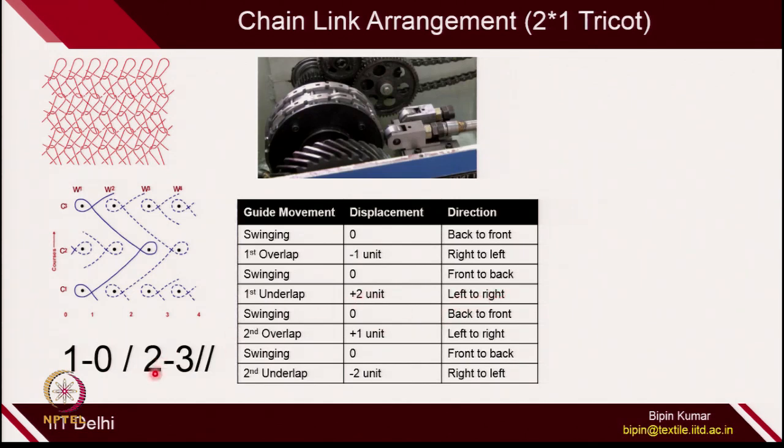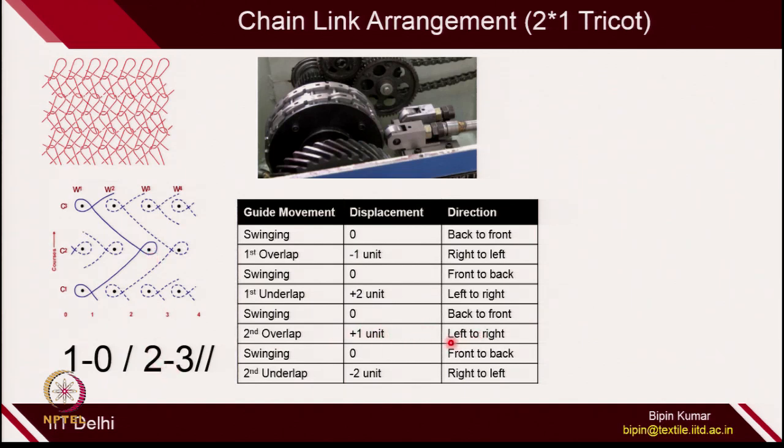After reaching the second position, it stays there and does the swinging because it has to go to the front side of the needle. It goes to the front side of the needle, and from second to third it is doing the second overlap on a different needle. First it does the overlap and underlap on this needle, now it is going to the third needle to do the overlap.